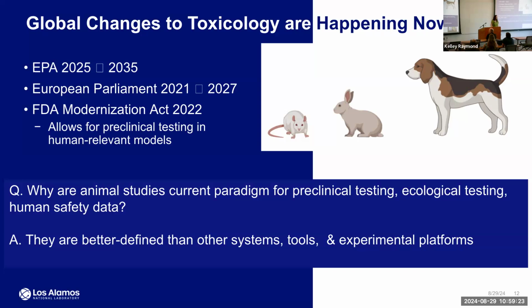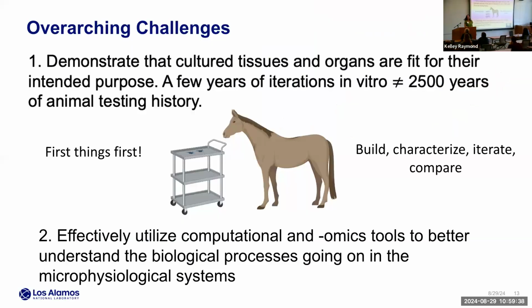And we have to use every possible tool we can to really make this work and understand what is this organ's best role, or what is this computational tool's best role. But before we put the proverbial cart before the horse, we really need to demonstrate that tissues and organs are fit for their intended purpose.